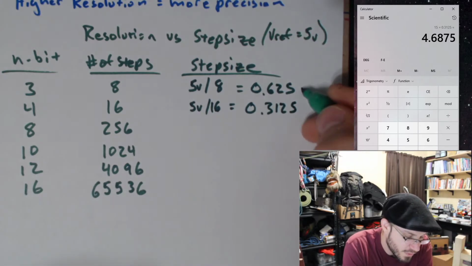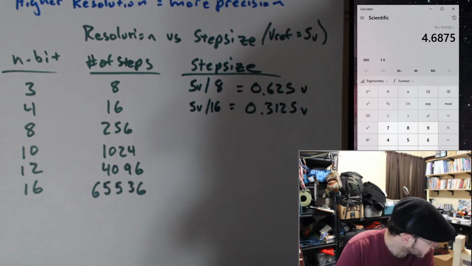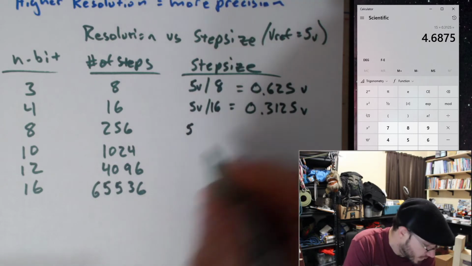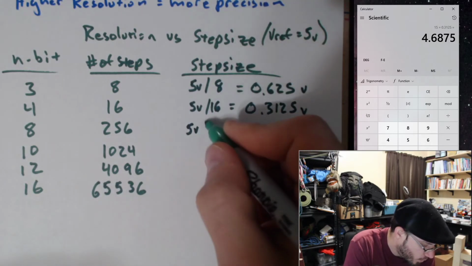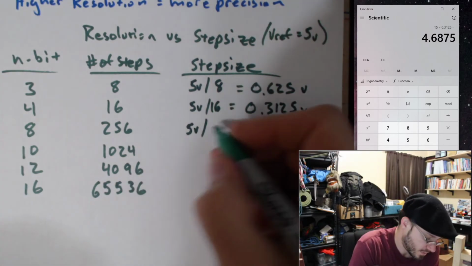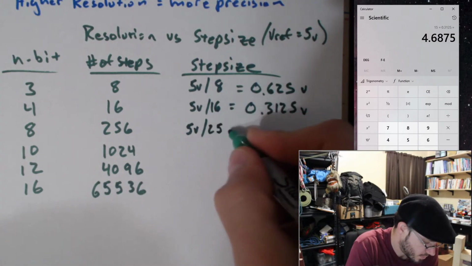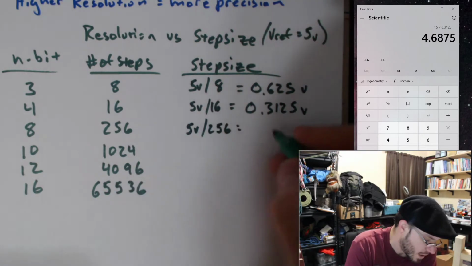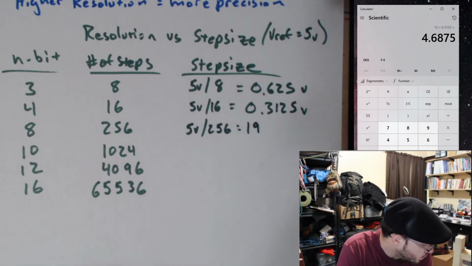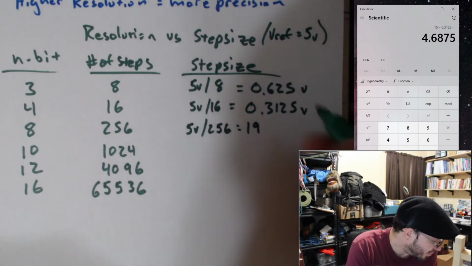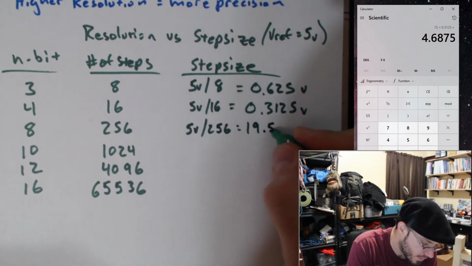That's the one that we're using for our example. For an 8-bit, you get 5 volts divided by 256 discrete values. 8-bit's not bad. The smallest change that you could affect for V out would be 19.53 millivolts.